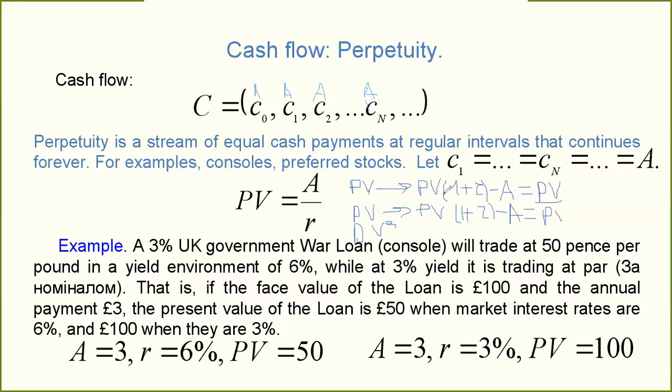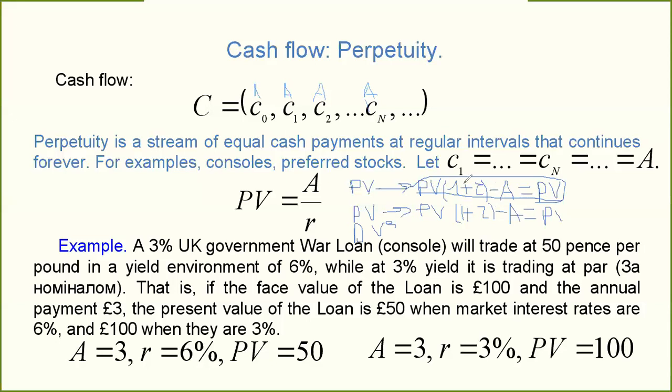So every year we have this equation, and from this equation we would like to find the present value. The present value multiplied by 1 plus r, minus A, equals the present value.